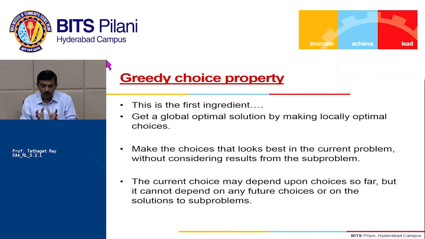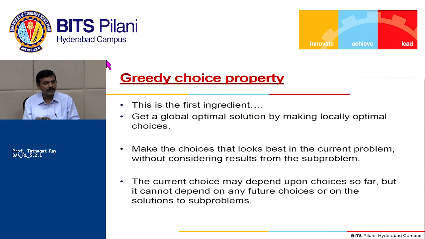So I'm looking at the whole problem and I will make a choice which looks the best, that this is going to contribute to my optimal solution, without considering how many other sub problems I have solved. So make the choice that looks best in the current problem without considering results from the sub-problem.